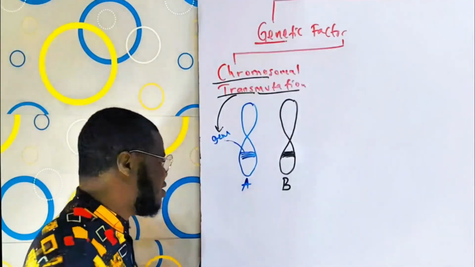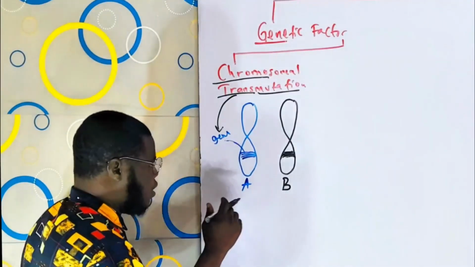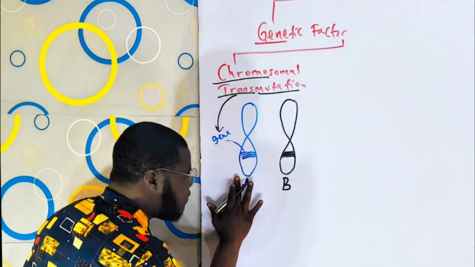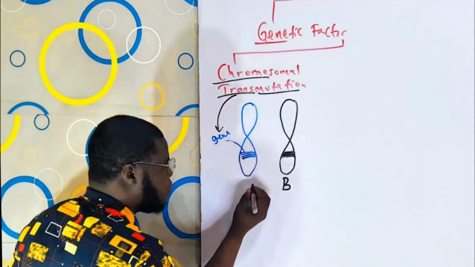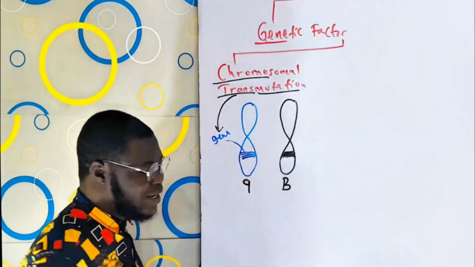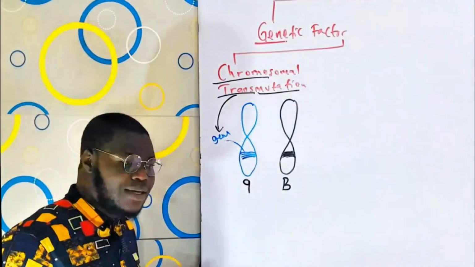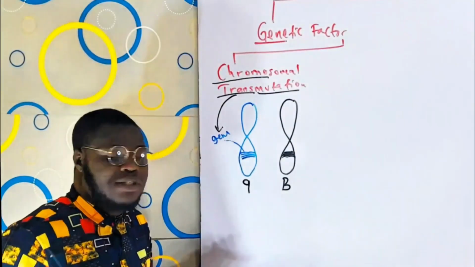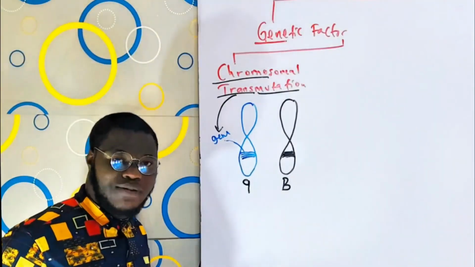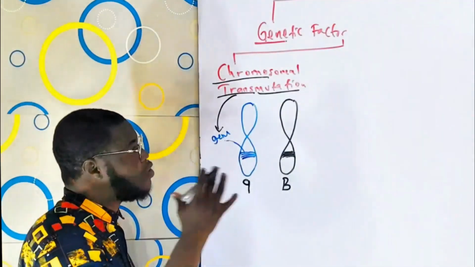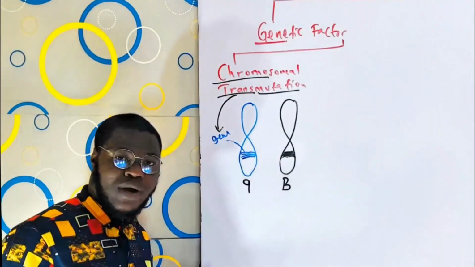If this chromosome A becomes chromosome 9, the 9th chromosome inside a myeloid stem cell, for example, we're talking about the production of white blood cell.